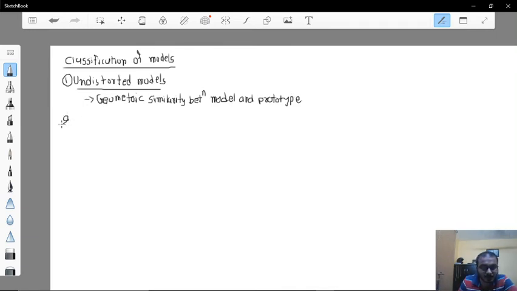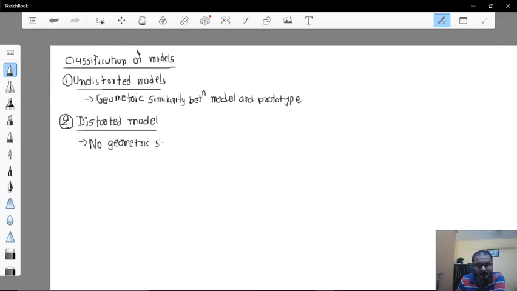Now second is distorted model, in which the model is not geometrically similar to prototype, so no geometric similarity between model and prototype.